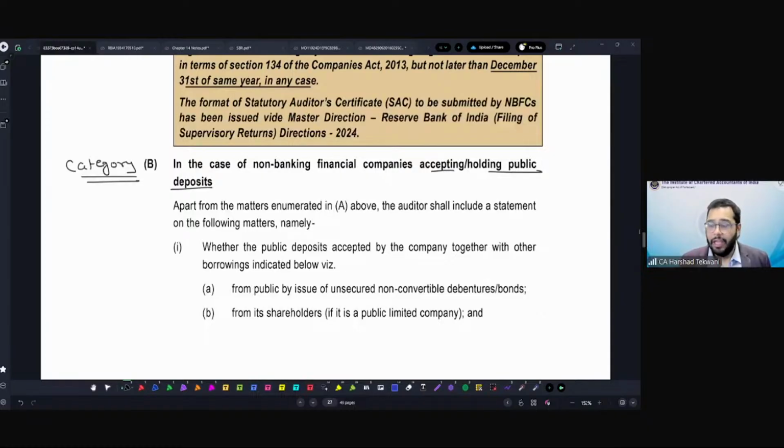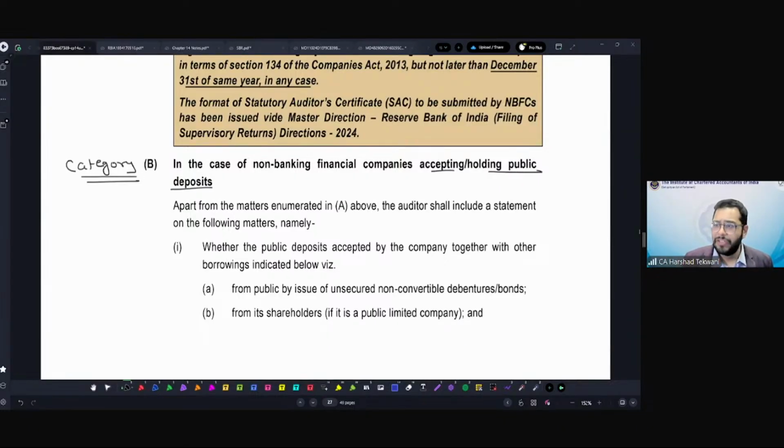Number one, now we are talking about accepting public deposits. So whenever an NBFC accepts public deposits, at that point in time, whether these public deposits which have been accepted are in compliance with the regulations or norms that have been issued by the RBI.